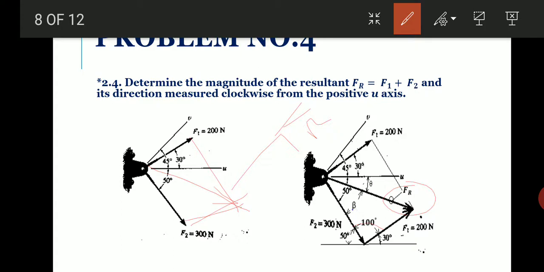Okay, so this angle here and this angle here is equal.